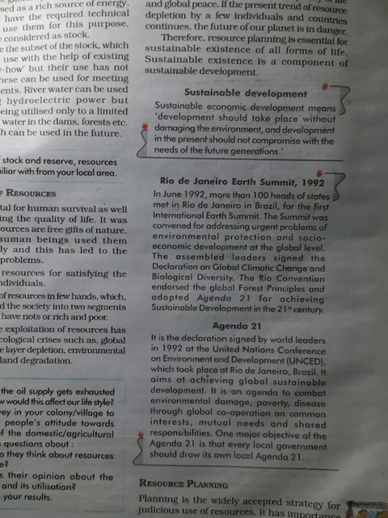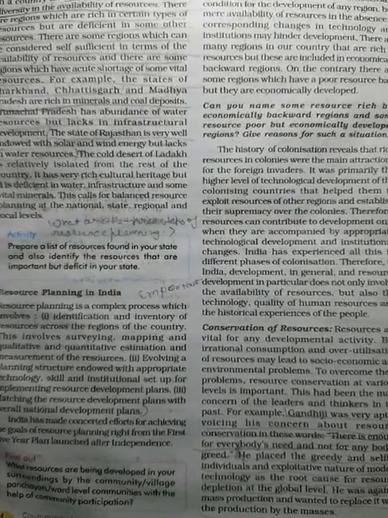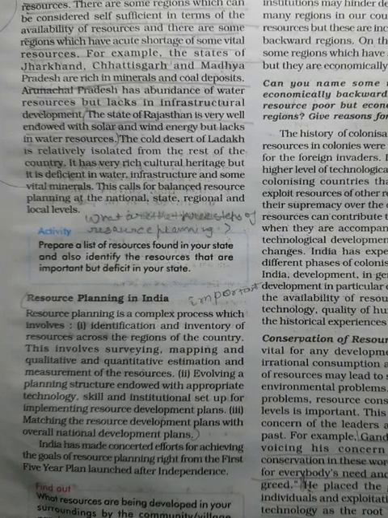And now next is resource planning. What is resource planning? Planning is the widely acceptable strategy for judicious use of resources. It has importance in a country like India, which has enormous diversity in the availability of resources. Resources are scattered in various places.